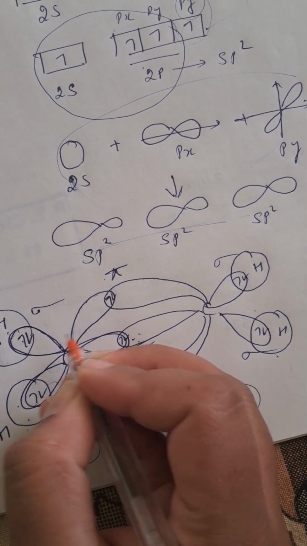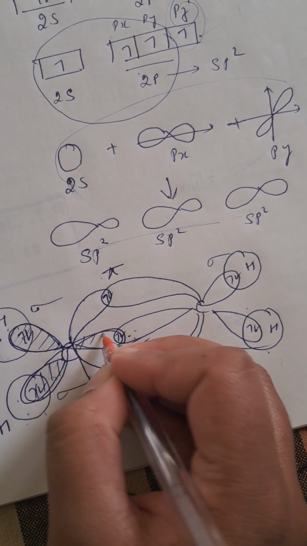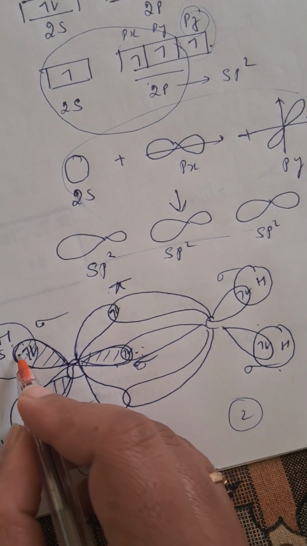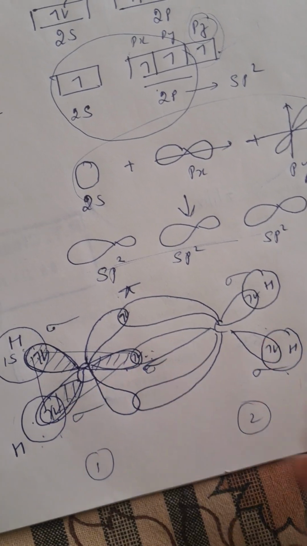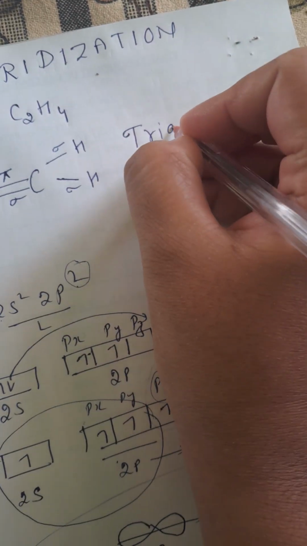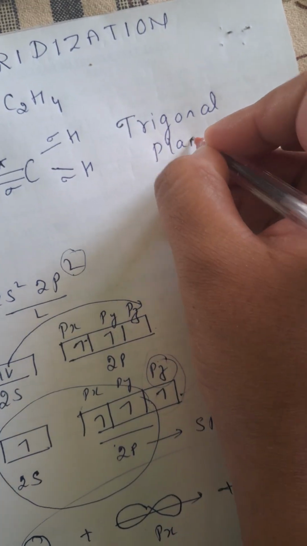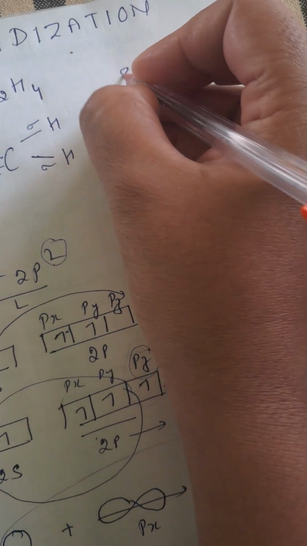So it looks like this. It is triangular planar. The shape is triangular planar, or trigonal planar.